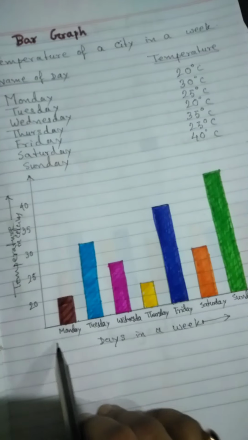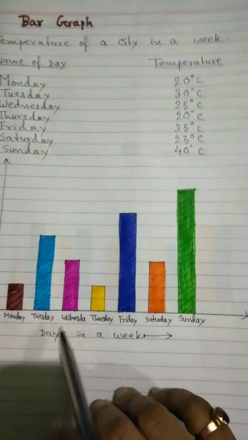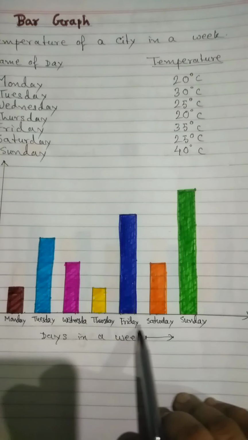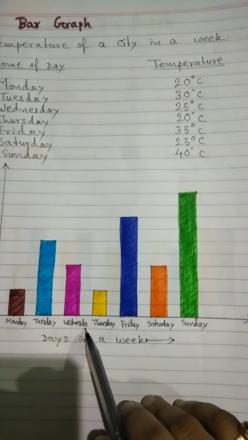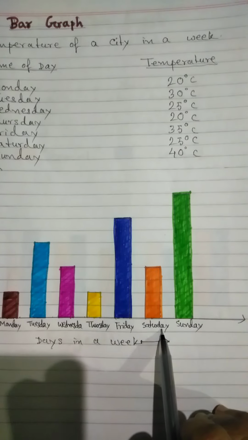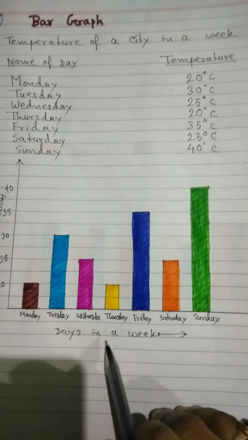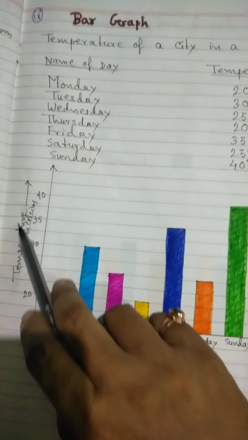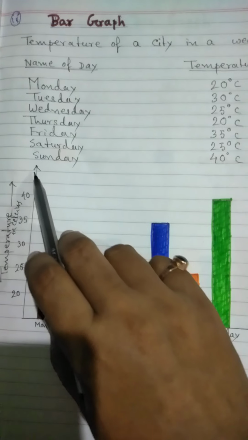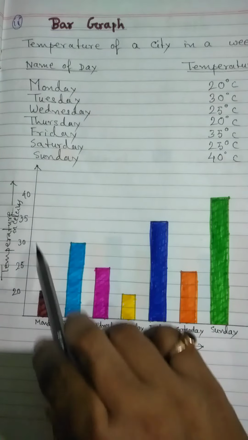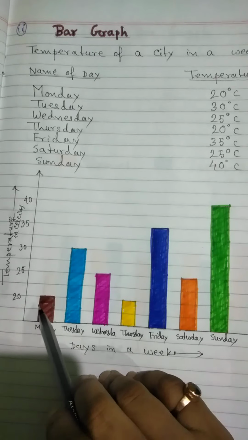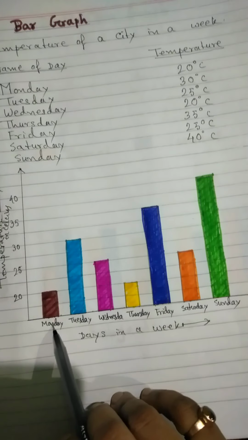I have first drawn one axis and another axis. On the horizontal axis I have written the days: Monday, Tuesday, Wednesday, Thursday, Friday, Saturday and Sunday. 7 days I have written, and here you have to write days in a week. And here the temperature in Celsius is given, so this vertical axis will have the measurement of the temperature in Celsius. Monday temperature, how much? 20.